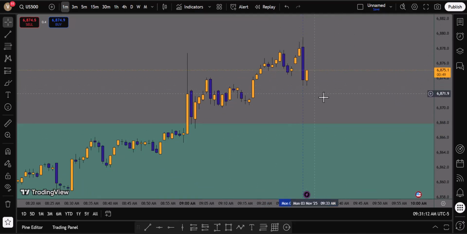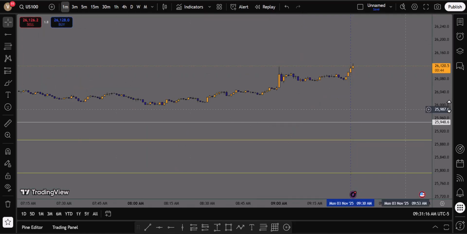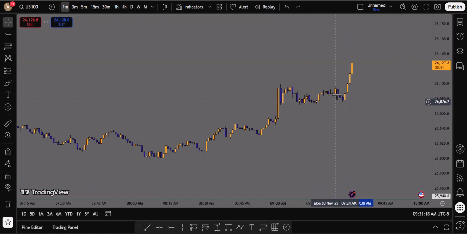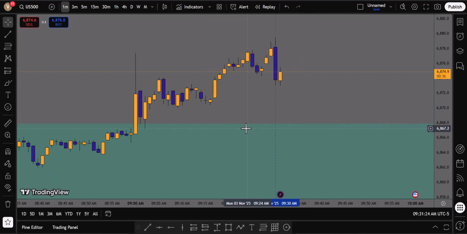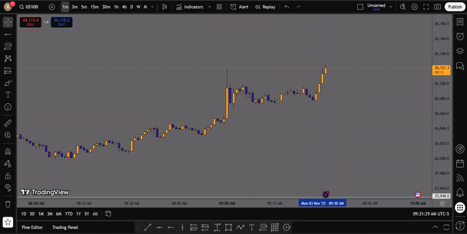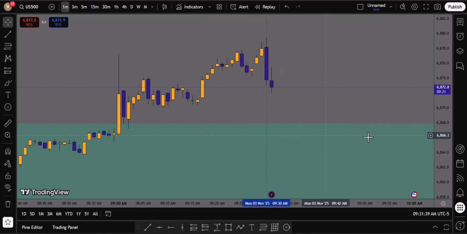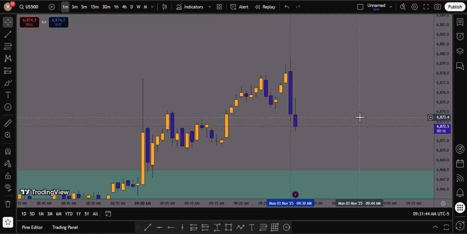If 500 declines, then what is US100 doing? So let's take a look at it here. US100 is just going all the way up, all the way up. I will have some decline on 500. So for now, wait.